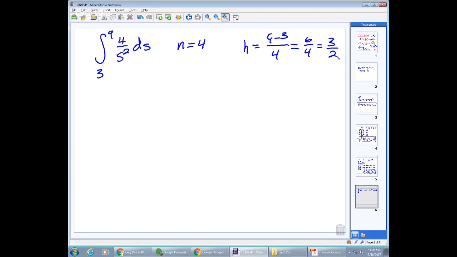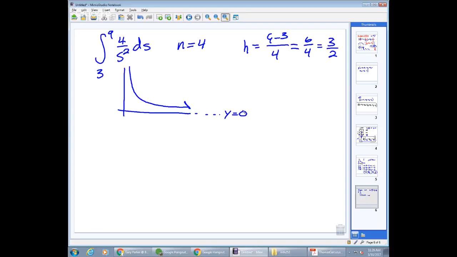A quick sketch of this is going to be helpful. 1 over s squared is a lot like 1 over s, but it's steeper toward the y-axis and shallower toward the x-axis. So I'm going to say it looks something like that, and it's asymptotic over here to y equals 0.